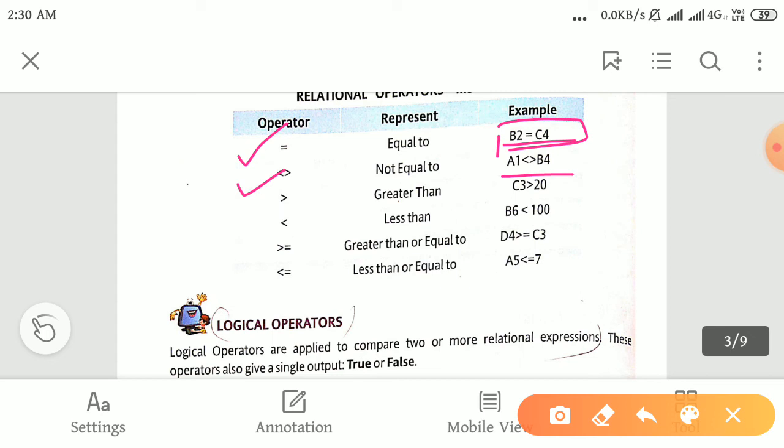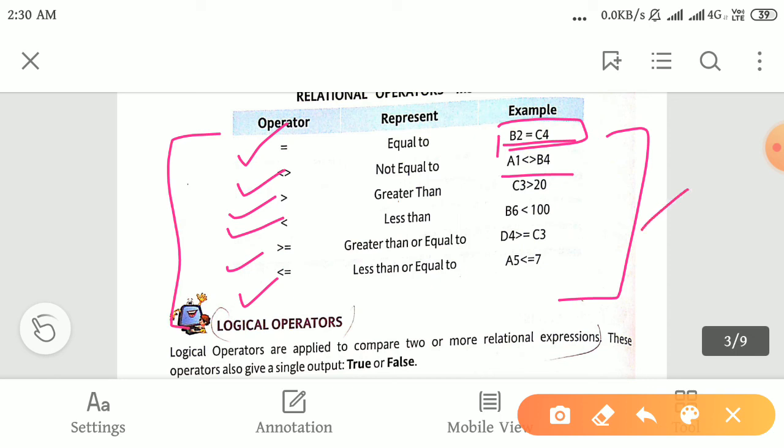So see, greater than we are having, less than we are having, greater than or equal to, and less than or equal to. So all these relational operators give you the value either true or false. Any one value you can expect from these things, right?